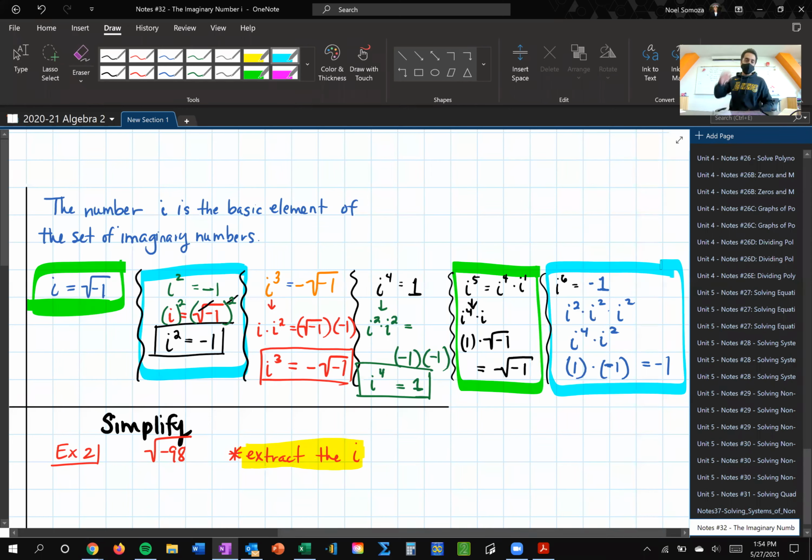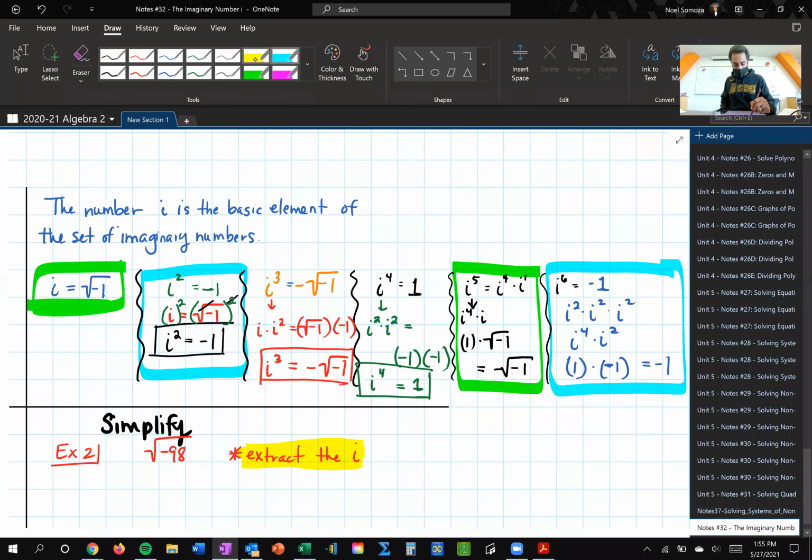All right, so the idea is that there's a pattern that if we ever wanted to find I to some power, it's either going to be I to the first, I squared, I to the third, or I to the fourth, because they keep cycling back over and over. But the important part is understanding what I is, and that it's just the square root of -1.